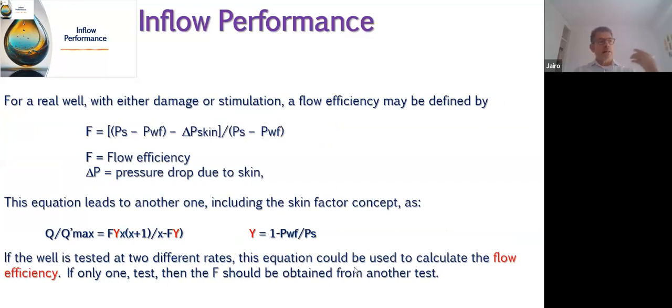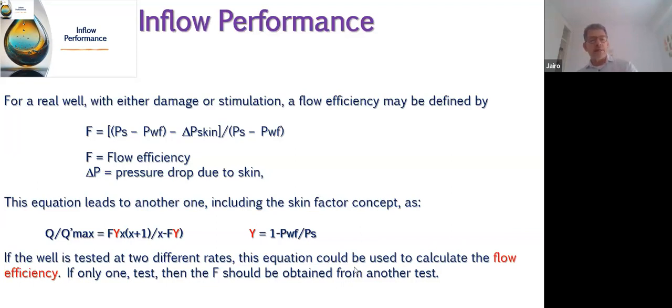For a real well, with either damage or stimulation, a flow efficiency concept might be used instead of the definition we saw for an ideal well, with no damage and no stimulation. In this case we have damage. So the flow efficiency is a function of the static and the flowing pressure, but also in this case the delta P skin comes into the equation.